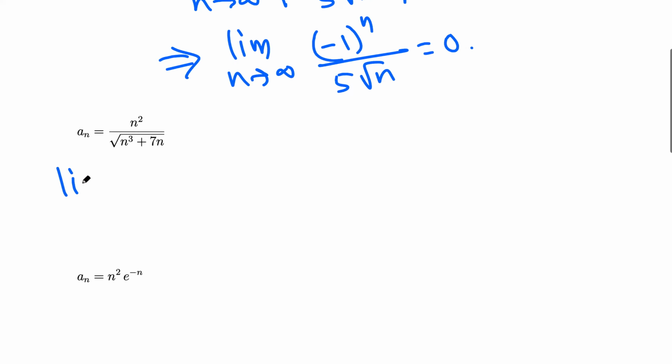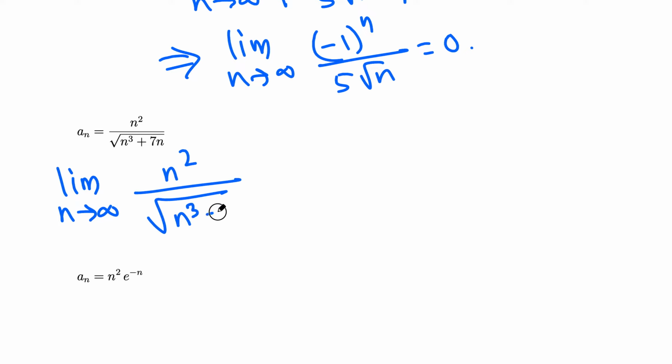So next question, let's find the limit of n square over n cube plus 7n as n approaches infinity. So when n goes to infinity, the top goes to infinity as well, because infinity is squared. On the bottom, square root of infinity is also infinity.